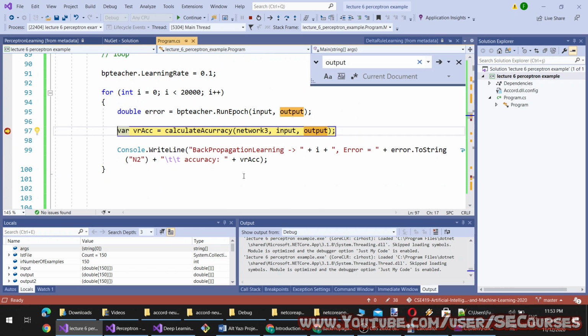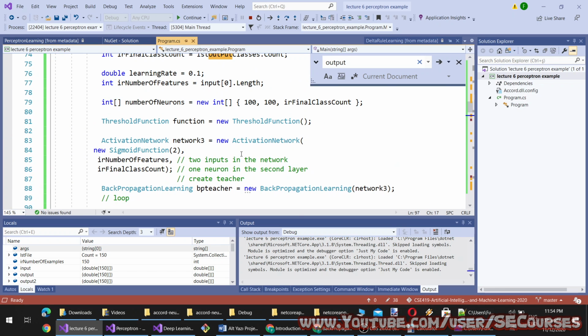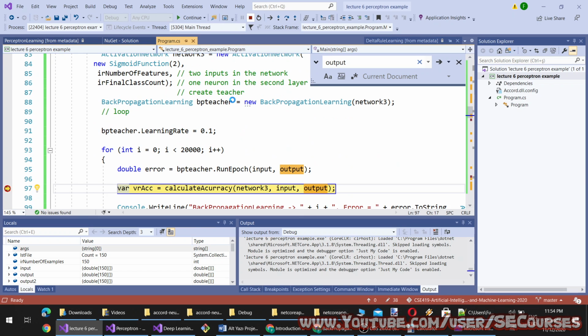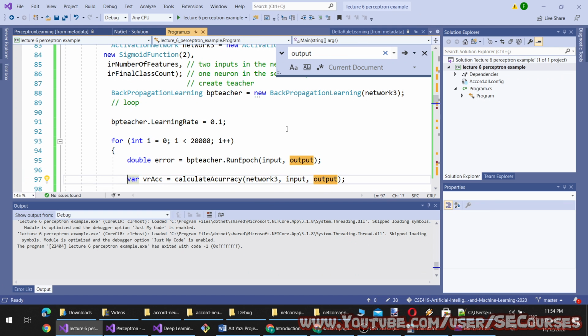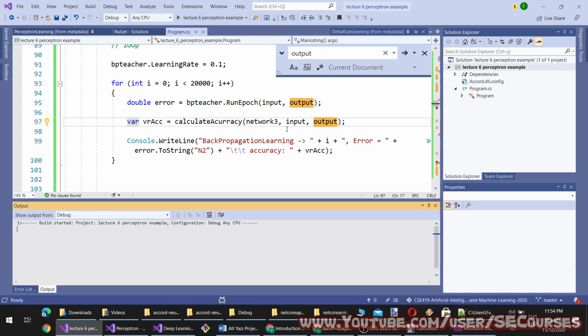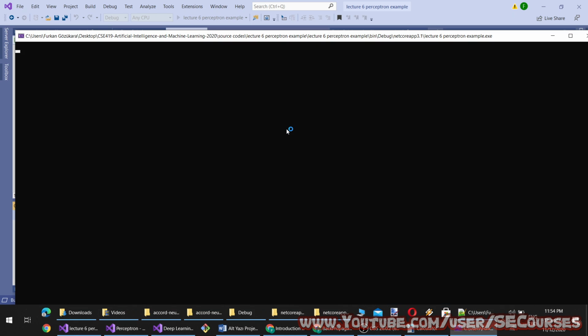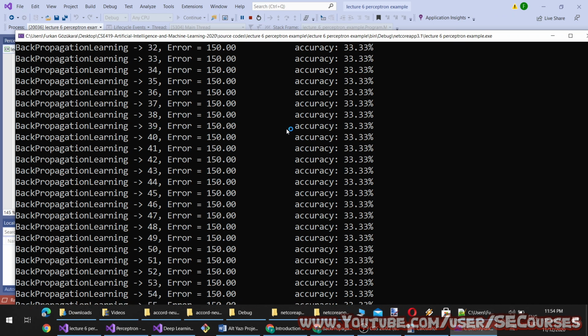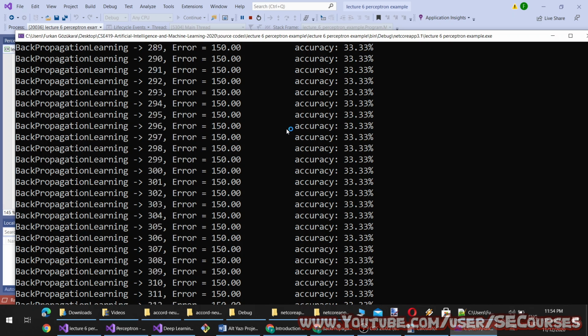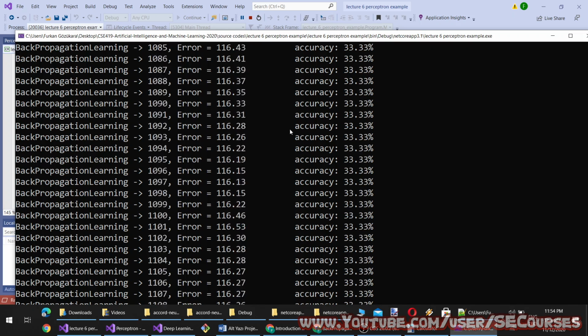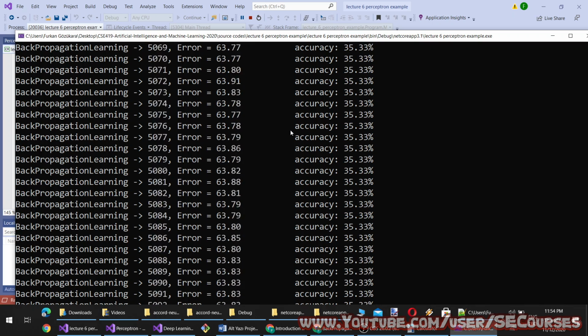One layer, 4 inputs, 3 neurons. So this is basically single perceptron. Let's see the accuracy of this. Okay, so accuracy is not increasing.